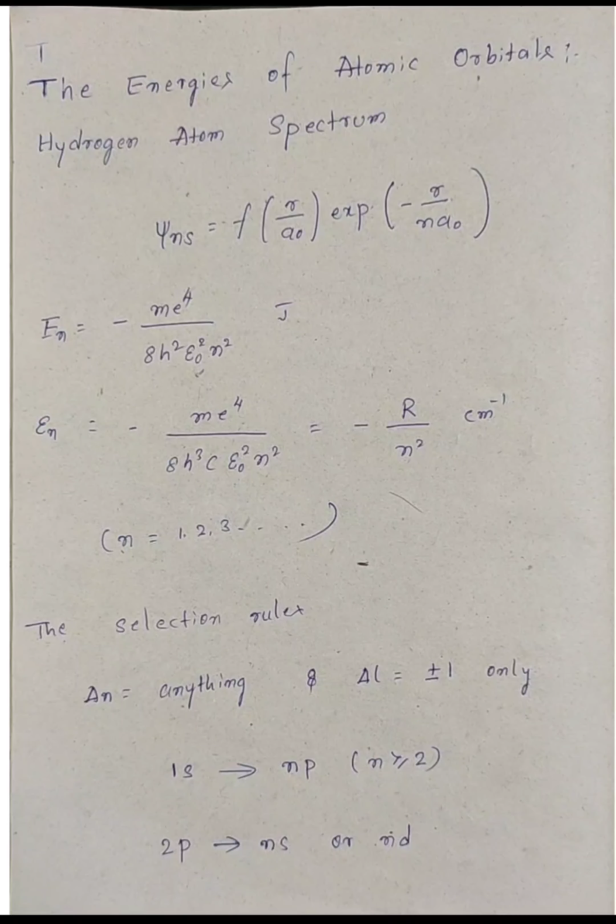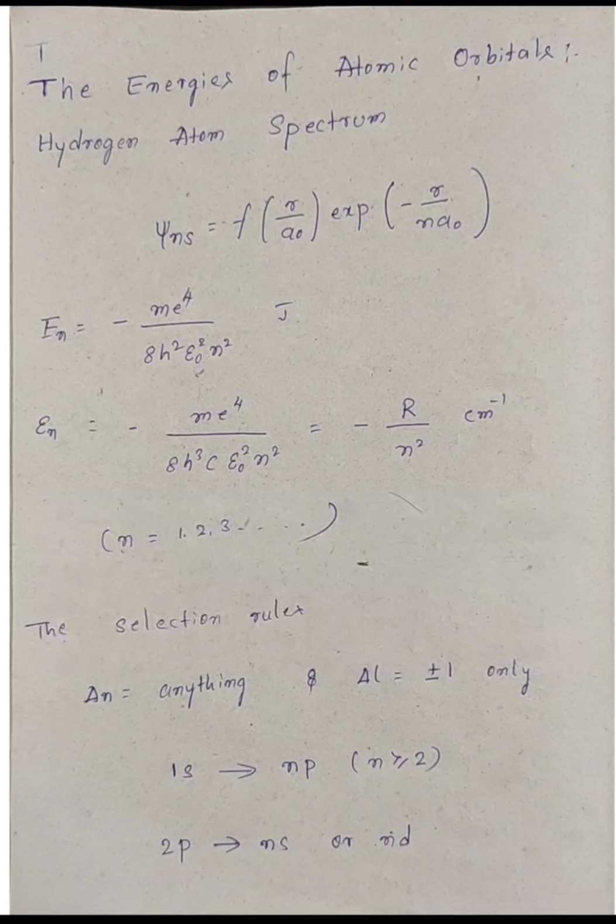This is the wave function of the electron inside the atom. Using this wave function, we calculate the energy of the particle inside the atom. Here the particle is the electron.